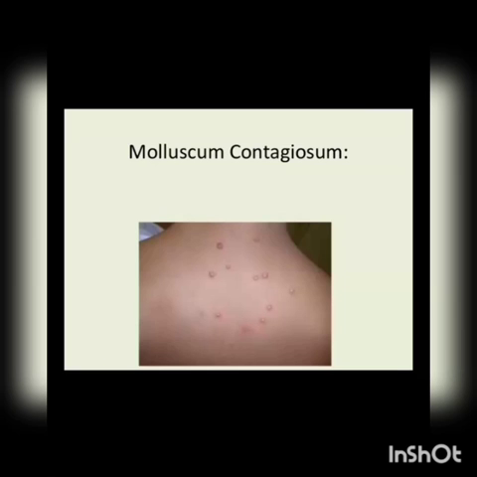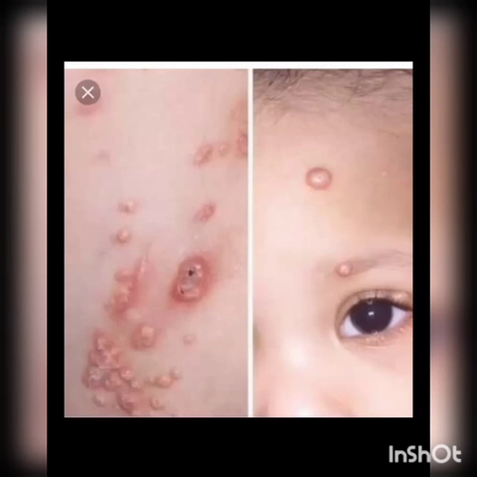These lesions are usually confined to the face, trunk and extremities in children, while the groin and genitalia may be affected in adults. These are some examples; most appear as papules, and sometimes it may lead to nodule formation.